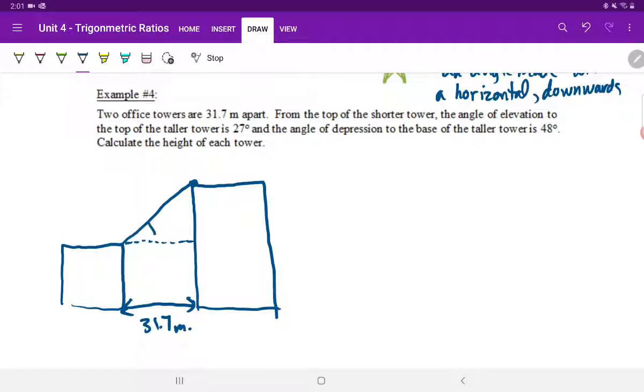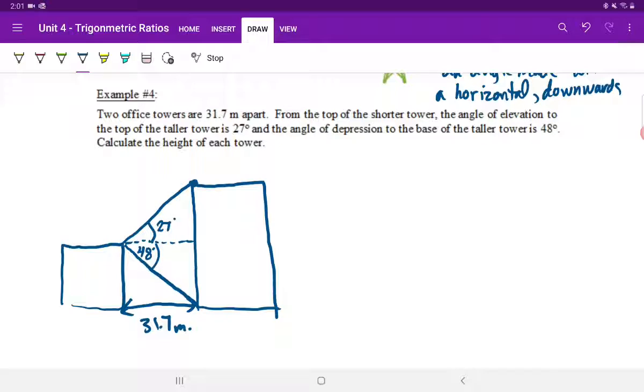Remember, it's made with a horizontal. That's 27 degrees. The angle of depression here is 48 degrees. Okay? Calculate the height of each tower.